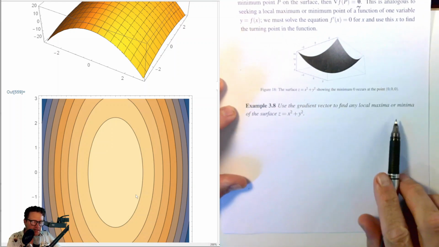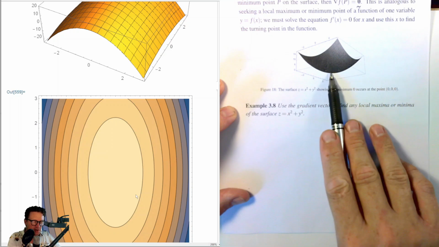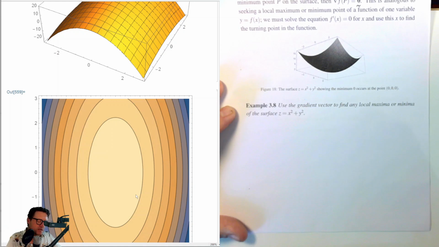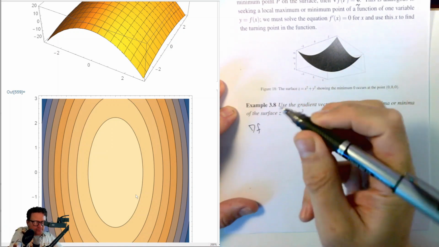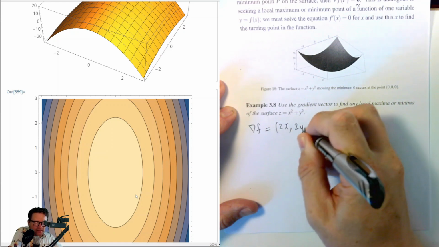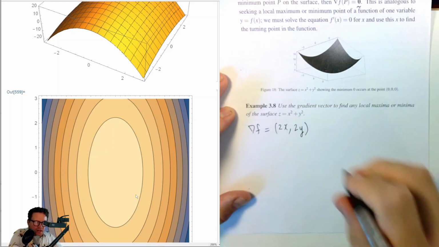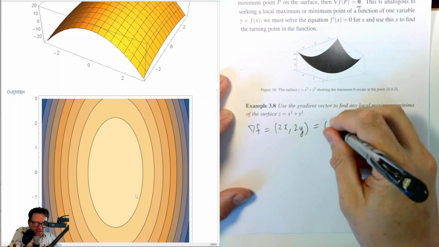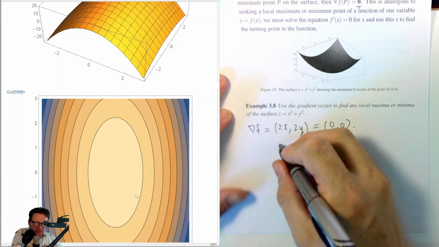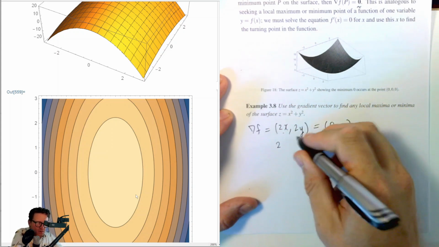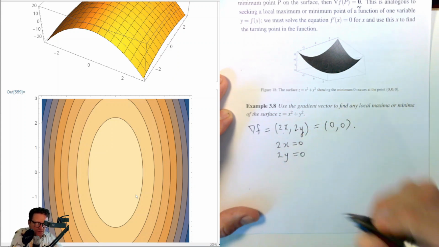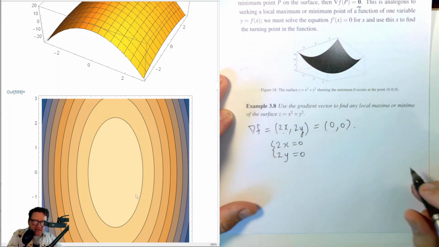All right, so let's have a look here. Use the gradient vector to find any local max or min of this surface. We already know the bottom is (0, 0), or (0, 0, 0) in 3D. So grad f is equal to the vector (2x, 2y). If this is equal to the 0 vector, then this is equal to (0, 0). So from that, we can set out two scalar equations: 2x is equal to 0 and 2y is equal to 0, as a simultaneous system.